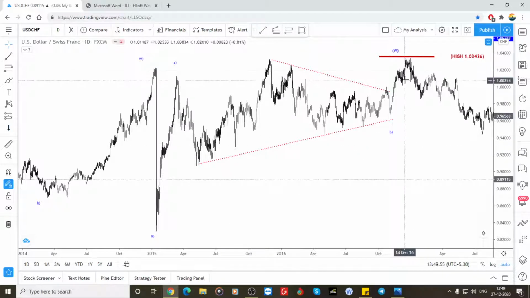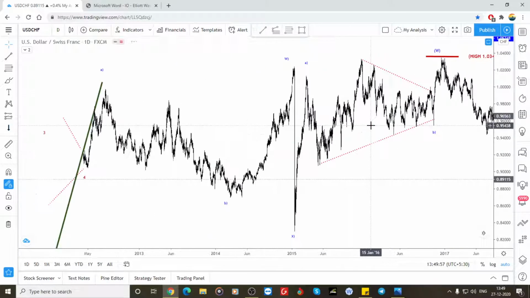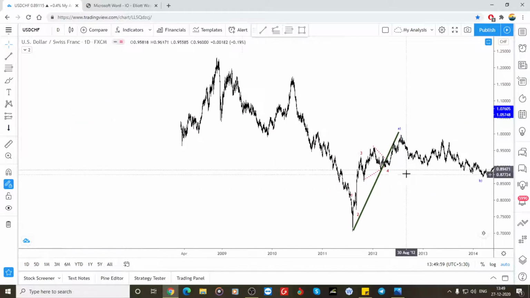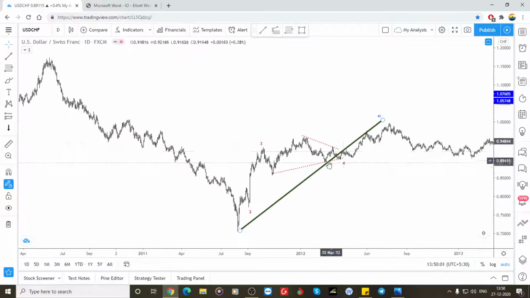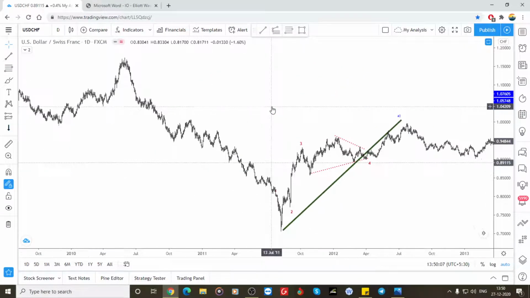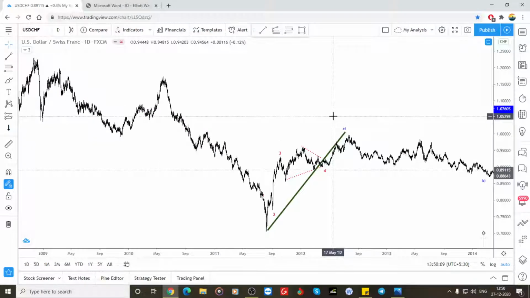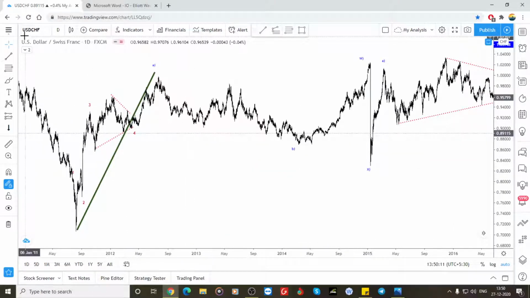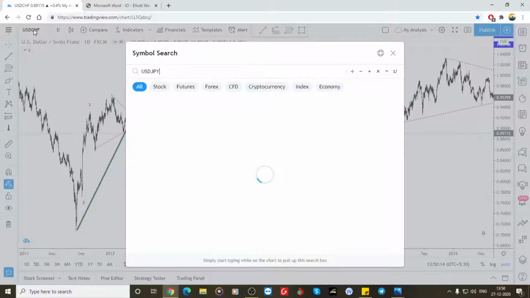After that it's a five-wave structure as the C wave. And one more thing here, it's a running triangle. See, these kinds of running triangles are often seen in various pairs. So I will show you in USD JPY also.